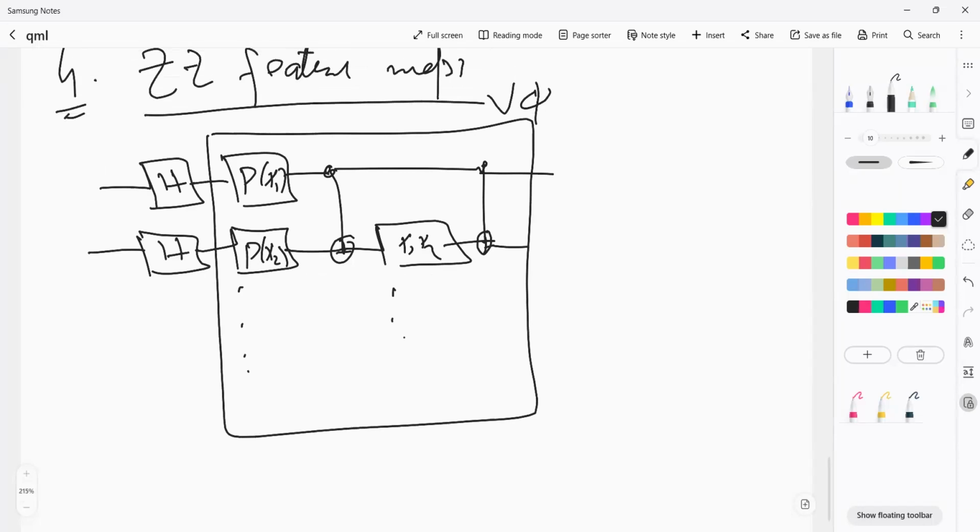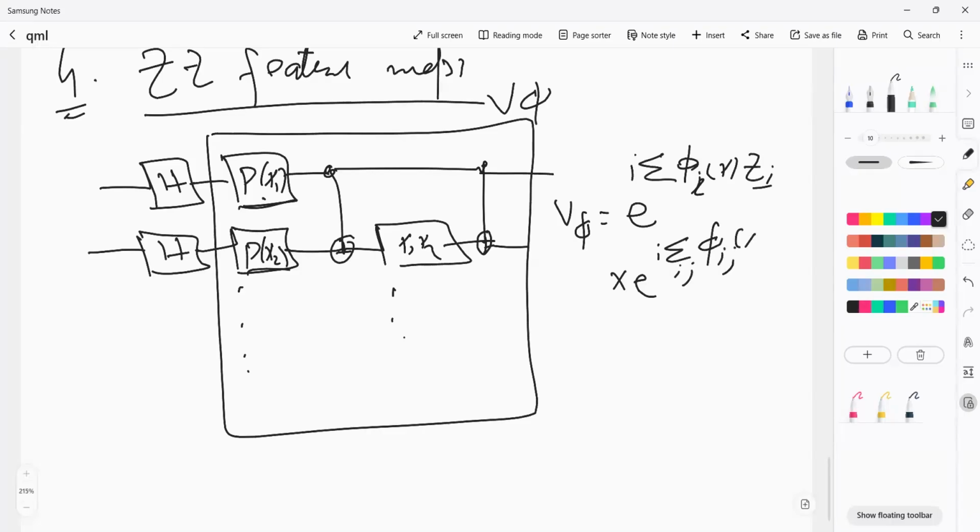So this V phi is nothing but a vector that can be generated from some function like this. This is the Z rotation generation. There's a single Z operator times some function of i, and there is a function that depends on the two coordinates i and j, and then there was a Z_i Z_j.